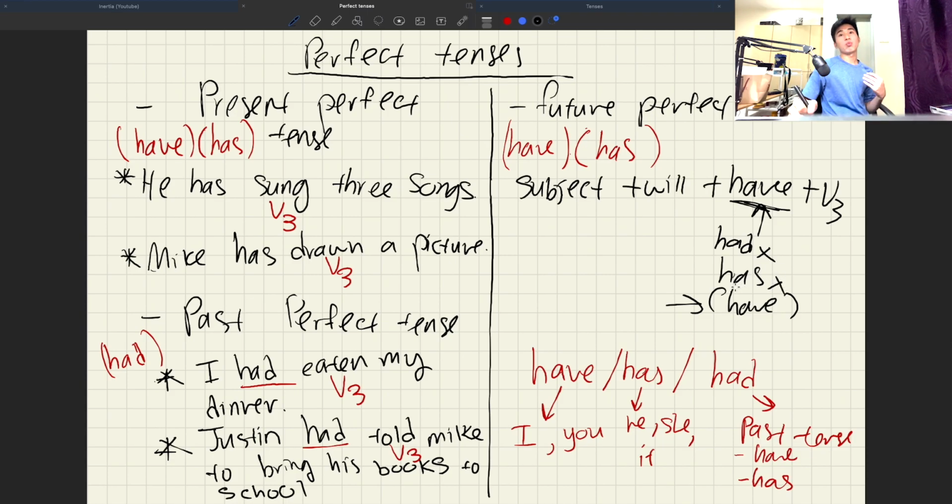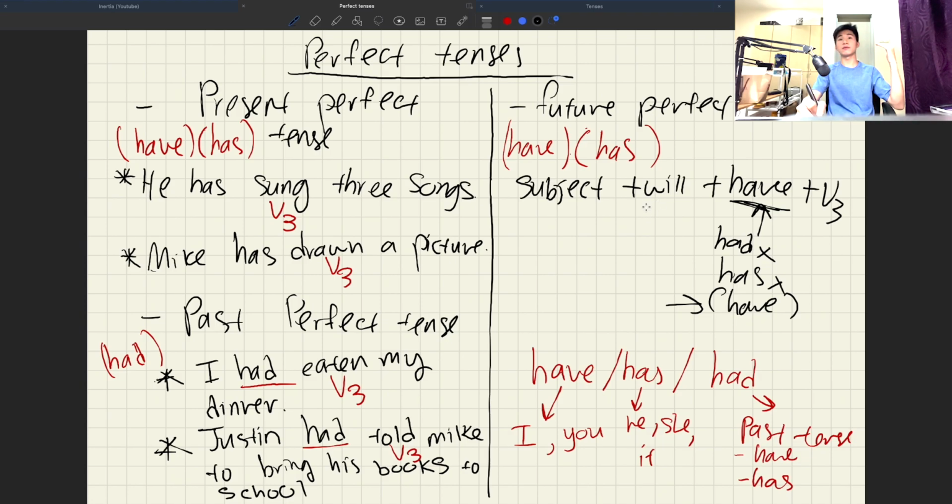Let me explain why. If you know what an auxiliary verb is, you will know why. An auxiliary verb is a word that indicates the timeline of the sentence. In this case, will is for future. So I will have, she will have, he will have.